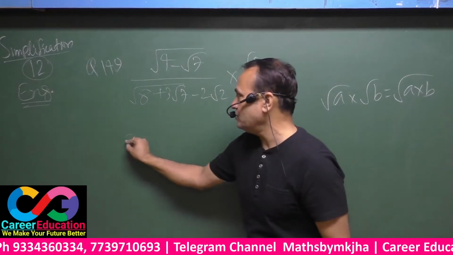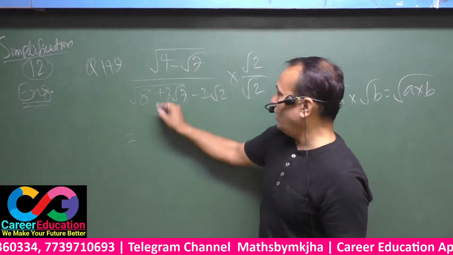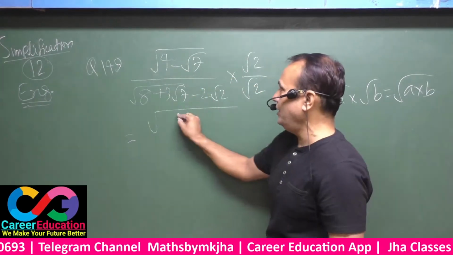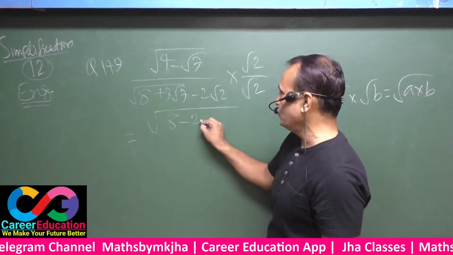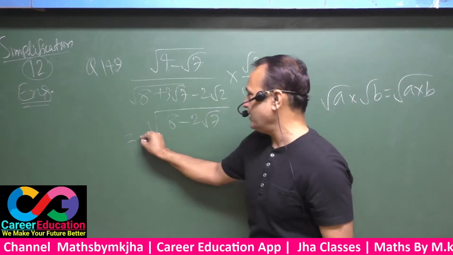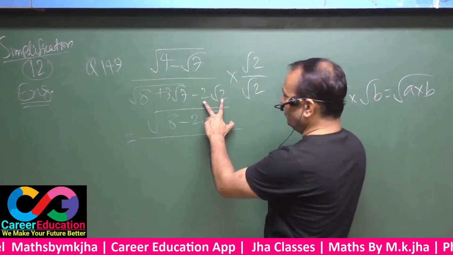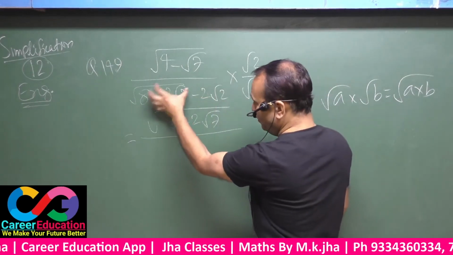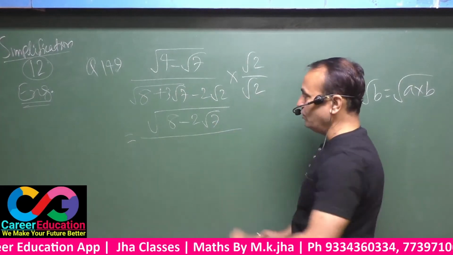I am writing, see here, firstly put a symbol of under root, then 2 into 4 is 8 minus 2 into root 7, like this. See here, root 2 into root of this one, that means under root.